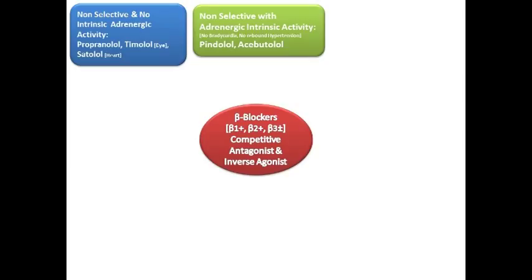So a person who is on propranolol and who then gets a lot of bradycardia, that is decreased heart rate, and cannot tolerate it, you can give that patient a drug like pindolol, which is non-selective but with intrinsic activity.